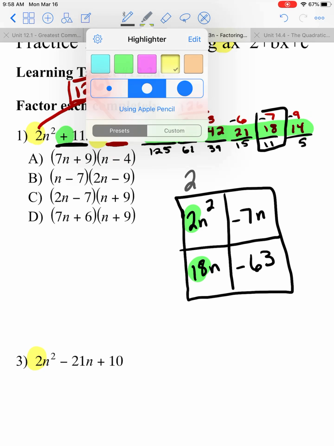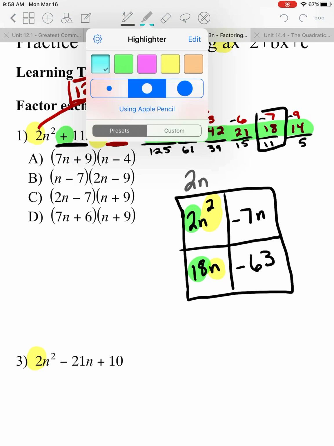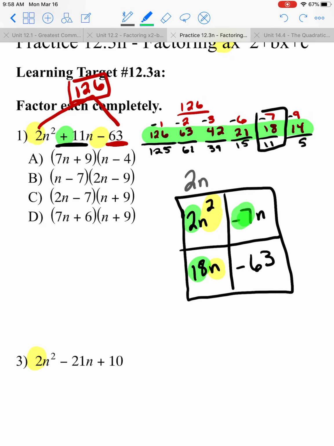The greatest common factor of n squared and n is going to be n. The greatest common factor of negative 7n and negative 63 is going to be a 7. I'm touching a negative box there, so it's going to be a minus 7.